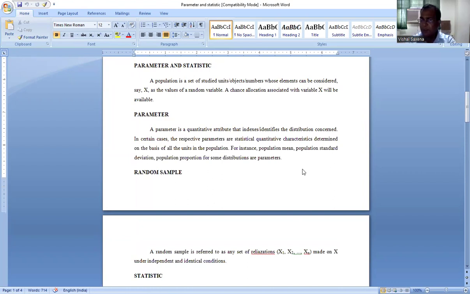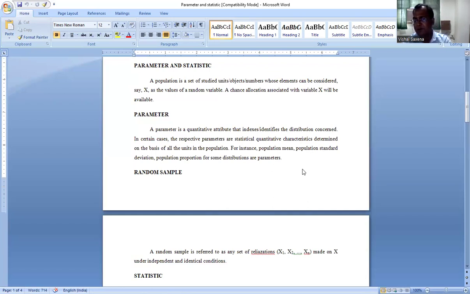To understand this is the concept of statistical quantitative characteristics determined on the basis of all the units in the population. So ultimately, the parameters are statistical quantitative characteristics, like the standard deviation, the mean, or the proportion.